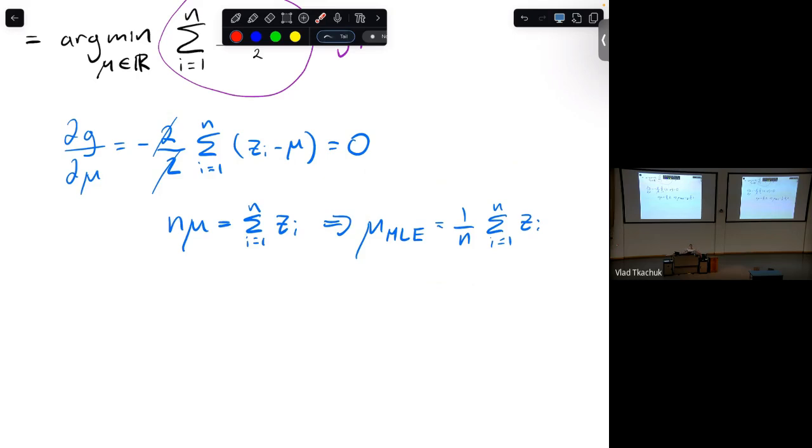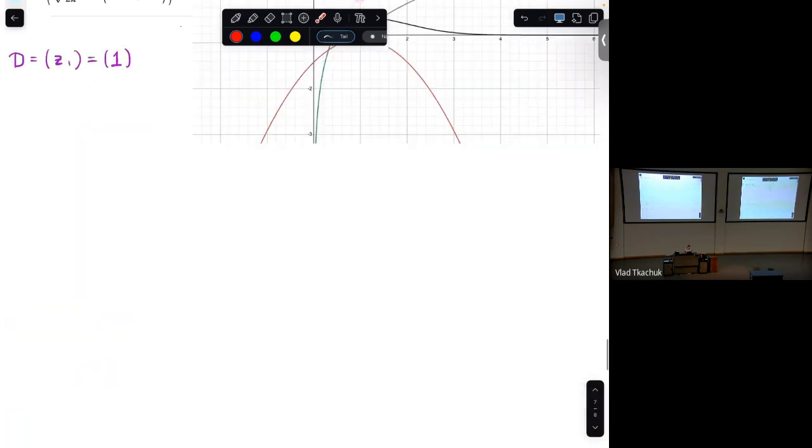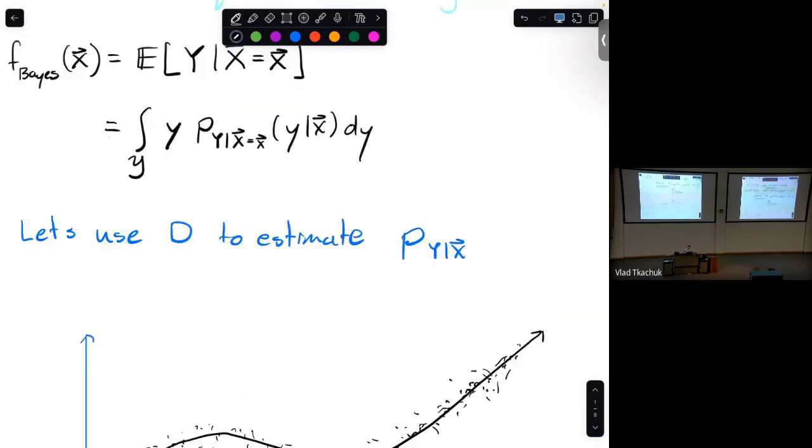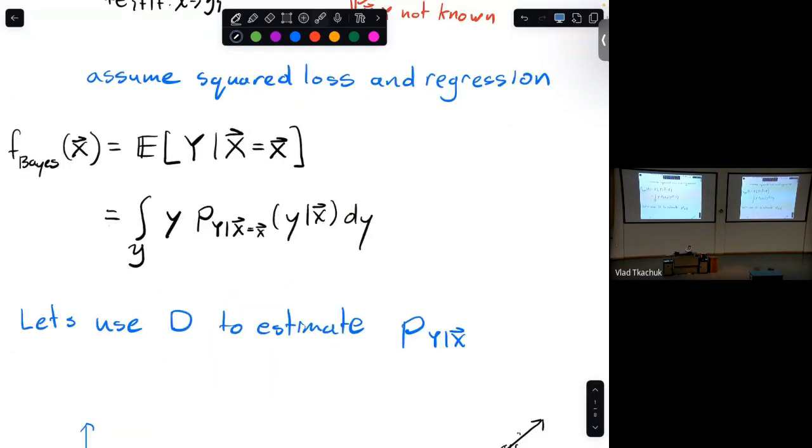Now, let's make use of this new tool to solve the machine learning problem we were interested in at the beginning of the class. So I'll just do that on a whole new page down here. Let us recall what we were trying to do. We want to estimate this quantity, which is the conditional density of the label y given some feature x.